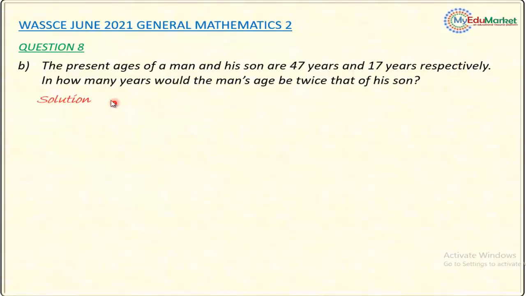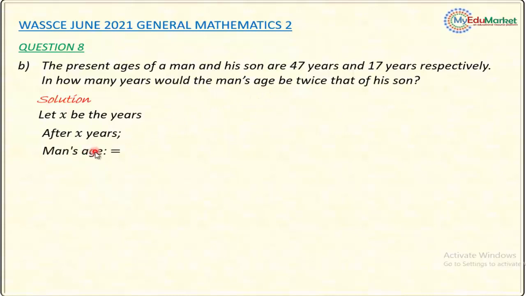Solution to this, I will begin by letting x be the number of years to come when the man's age will be twice that of his son. So if I let x be those years to come, let me get the age of that man after x years.